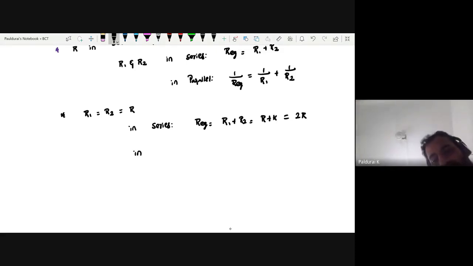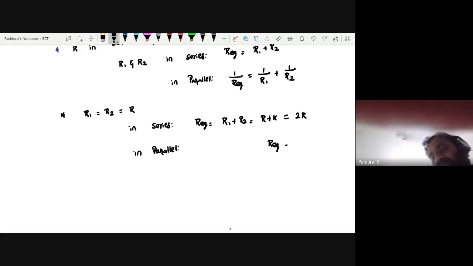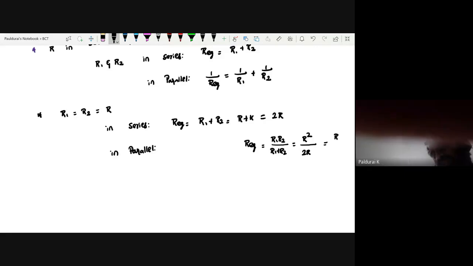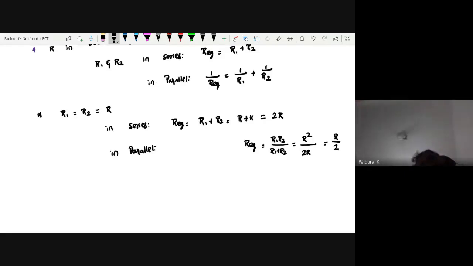Similarly, if we connect two equal resistances in parallel, what will happen to your R equivalent? R1 R2 divided by R1 plus R2. Both are equal, so it becomes R square divided by 2R. So you will get R by 2. So the conclusion: if we connect two equal resistances in series, the resistance becomes double. In parallel, it becomes half.